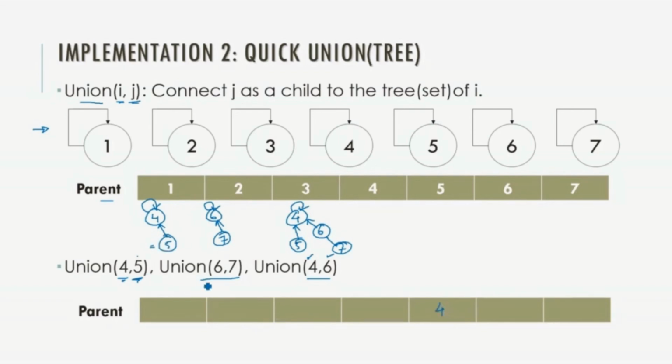Similarly, for union operation 6, 7, we have changed the parent of 7, so the parent of 7 will be 6. And to perform union 4, 6, we have changed the parent of 6, so the parent of 6 will be changed to 4. All other array elements will be unchanged.